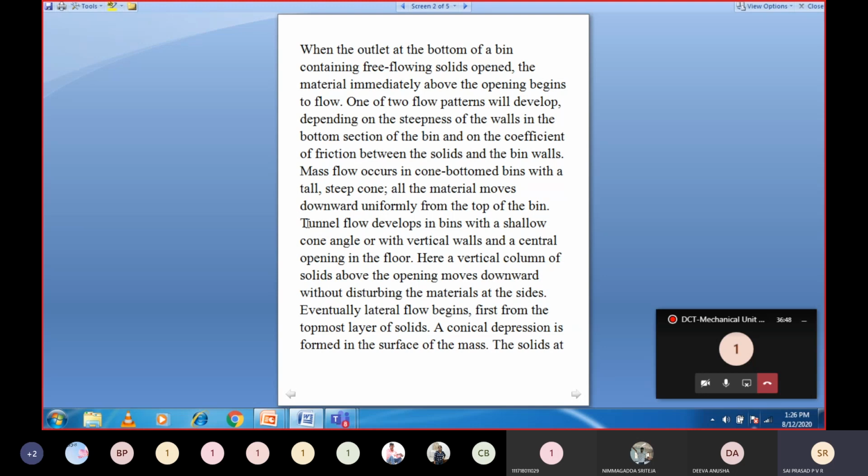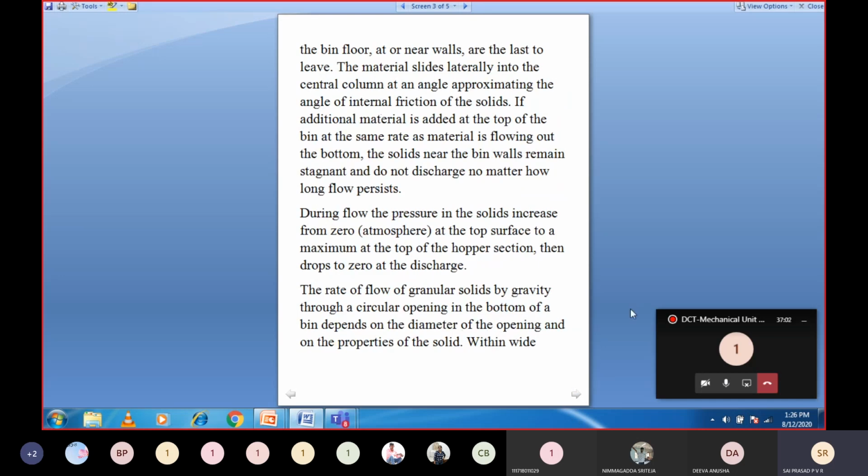Then eventually lateral flow begins, first from the top layers of the solids. A conical depression is formed inside the surface of the mass, and the solids at the bin floor near the walls are the last to leave. So what will happen here? Once you open the wall, the layer just above the opening will come down, then the second layer, then the third.